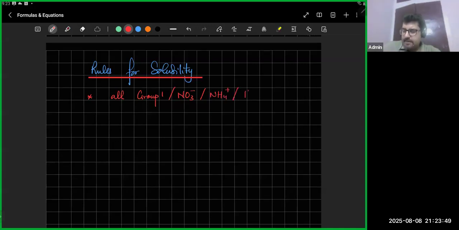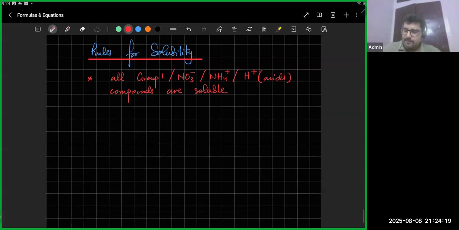Any acid, by acid I mean anything that's got H plus 1 in it and is capable of releasing H plus 1, like HNO3, H2SO4, H3PO4. And then we put acids in bracket. H+1 means that's definitely an acid. So all of these compounds are soluble. They're all going to dissolve, without exception.